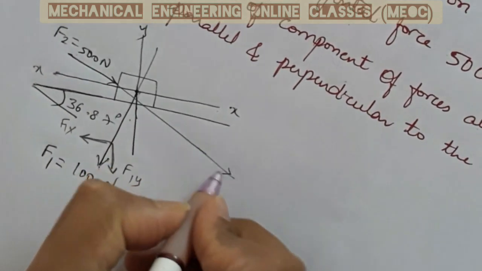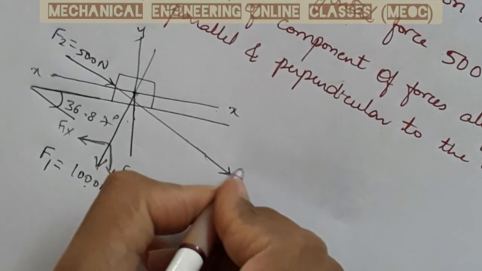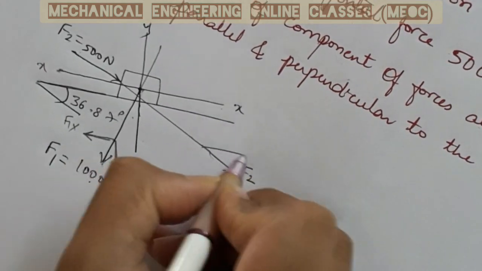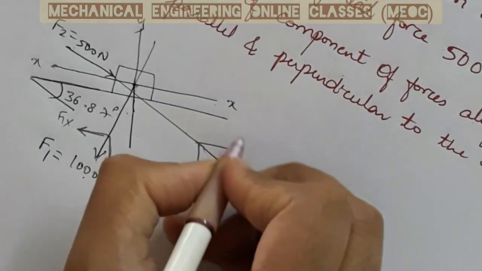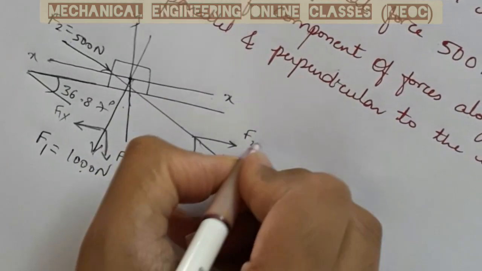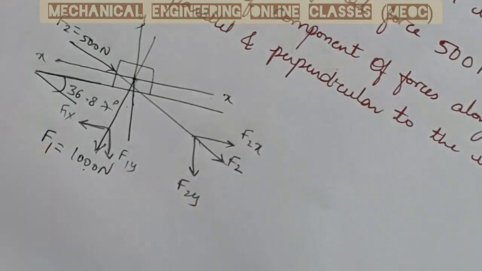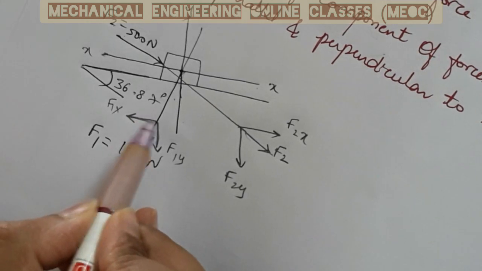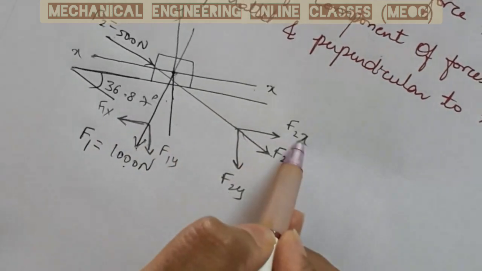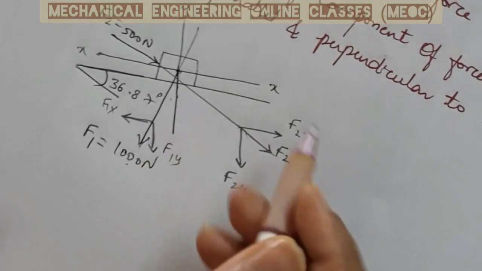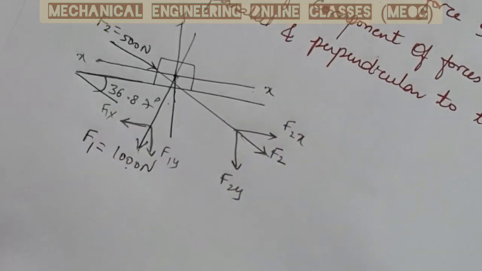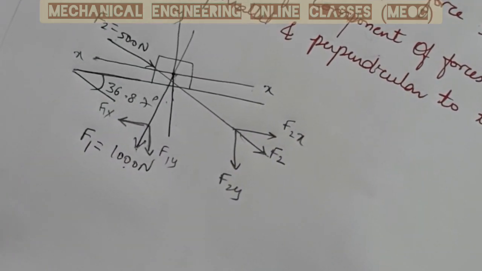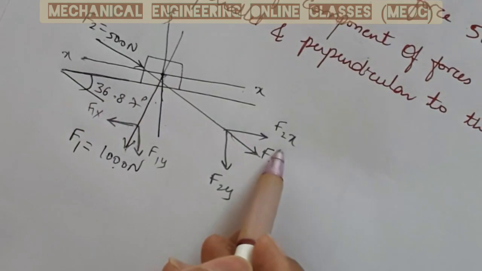So if this is F2, F2x will be like this and F2y will be like this. So this is F2x, this is F2y. Now F1x is leftward, F2x is rightward. So adding means it will be F2x minus F1x, because they are in different directions.